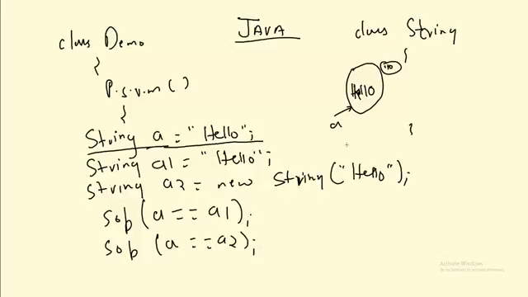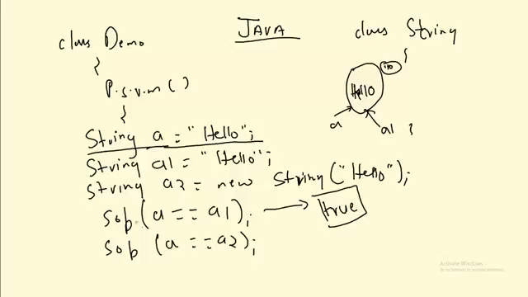How the string constant pool behaves is, whenever there is an object with the content hello, it is going to check, is there any hello? If yes, then it will start pointing a1 to the same address. So, now this statement will give you a value called true. Okay. So, this is how the string constant pool behaves.